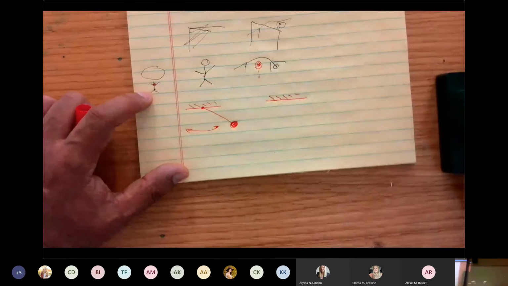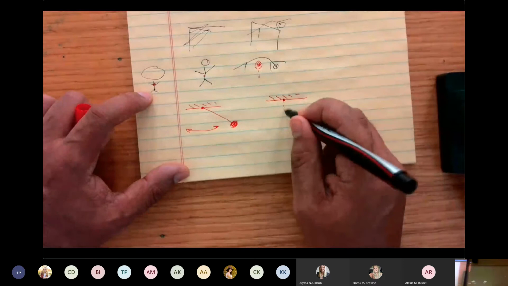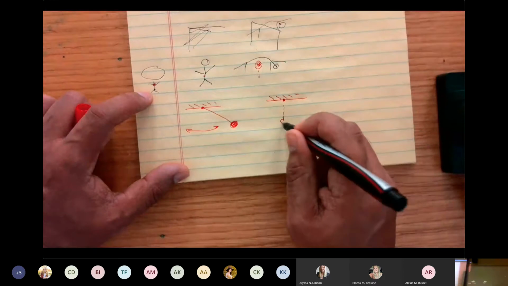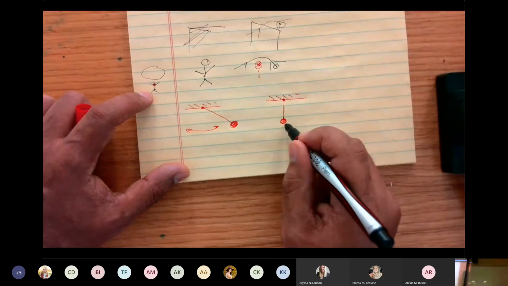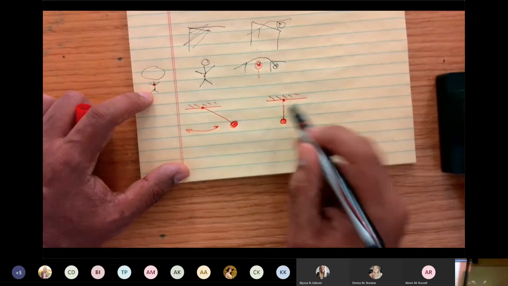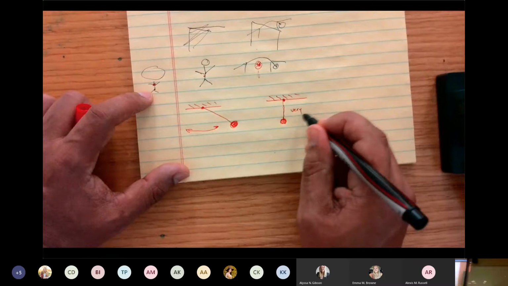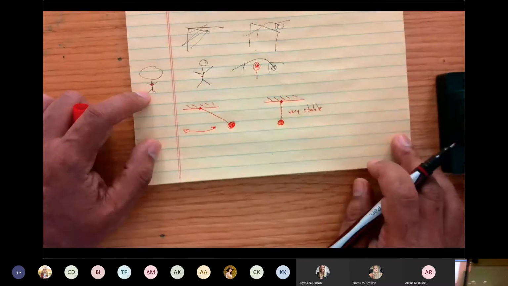It's a stable position. You have the pivot point, and the mass, the center of gravity, is going to be exactly below the pivot point. And this is a very stable position. The other case is the opposite.